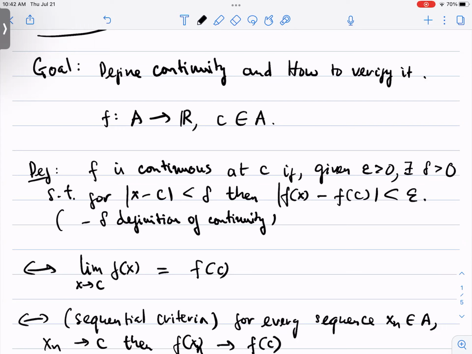This is the epsilon-delta definition of continuity.